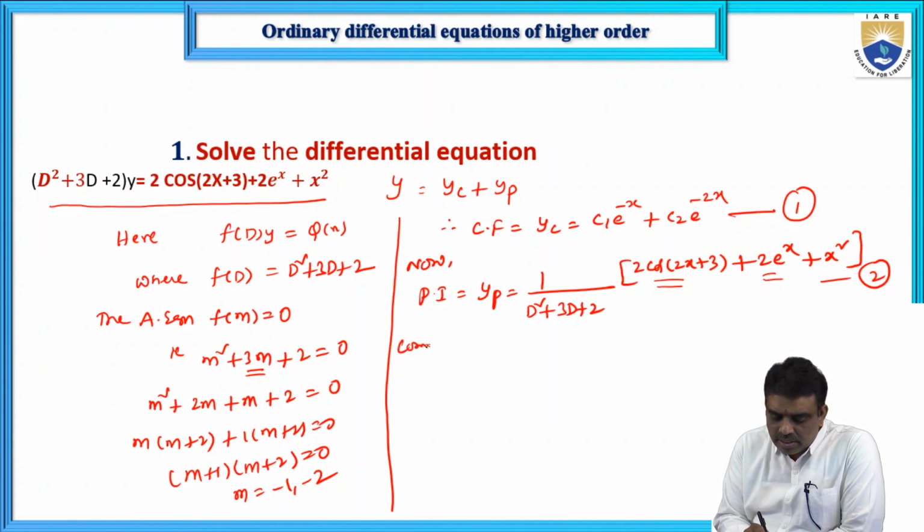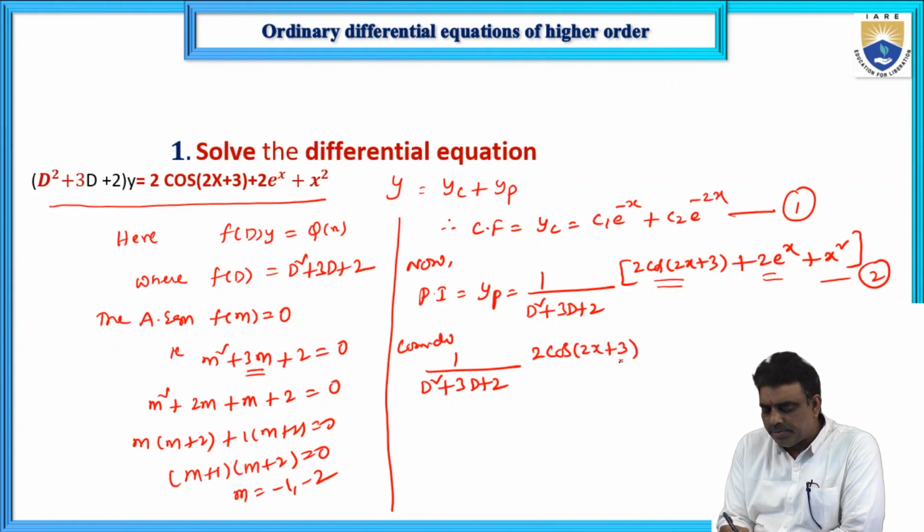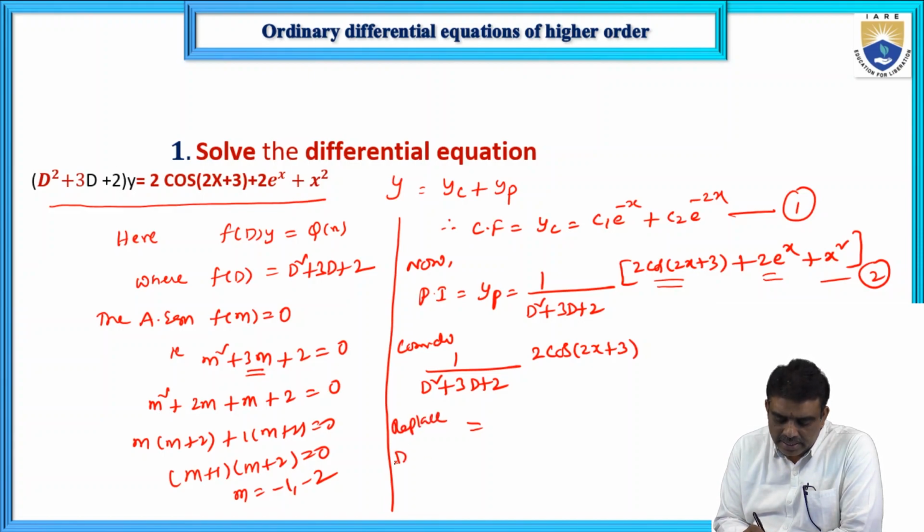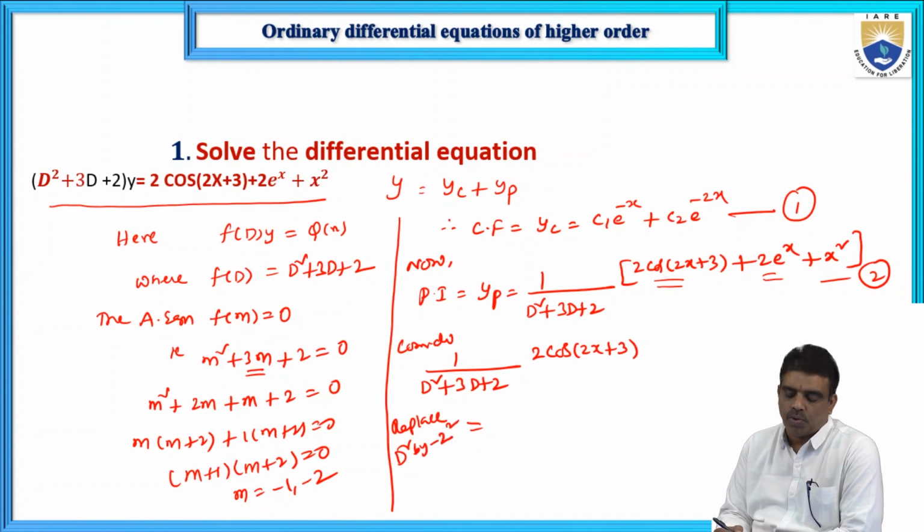Now consider 1/(D² + 3D + 2) of 2cos(2x + 3). That is the first one. So it is the cos(bx + a) notation. Replace D² by -b², that is -4.